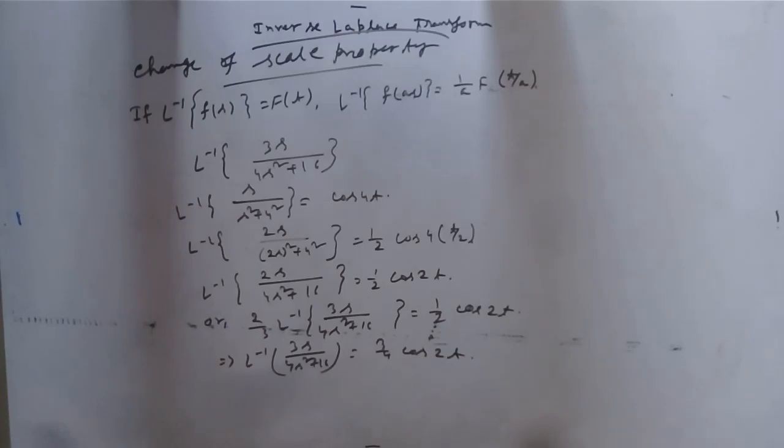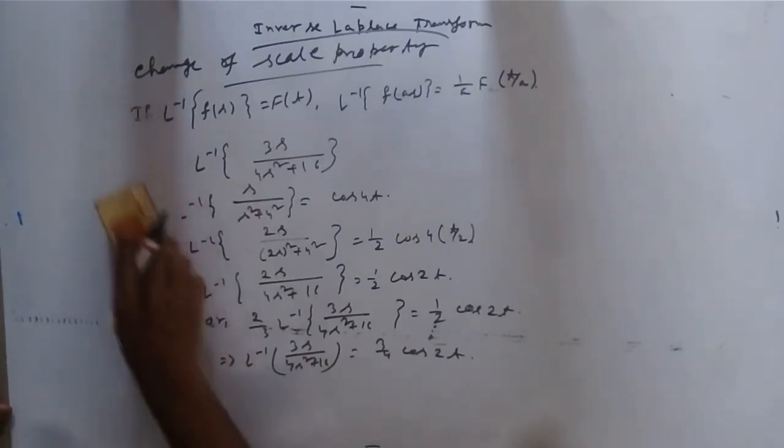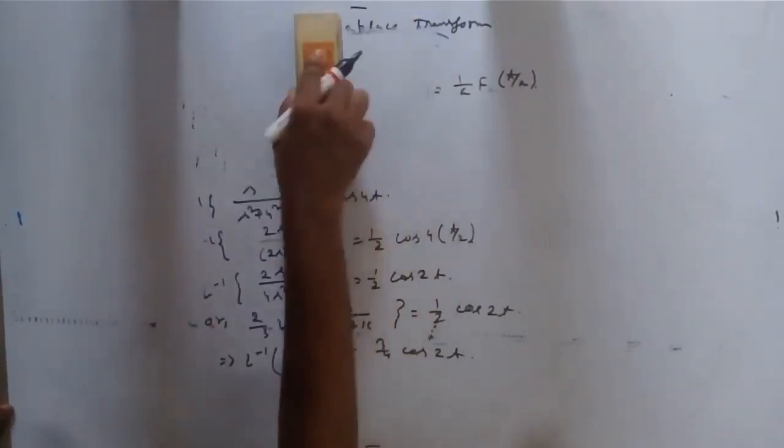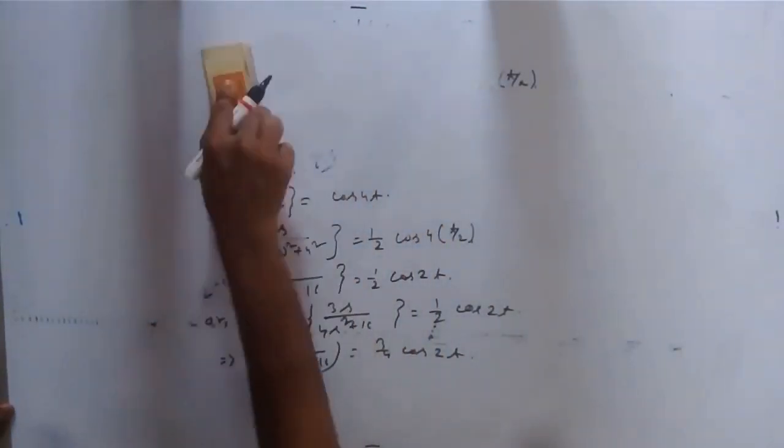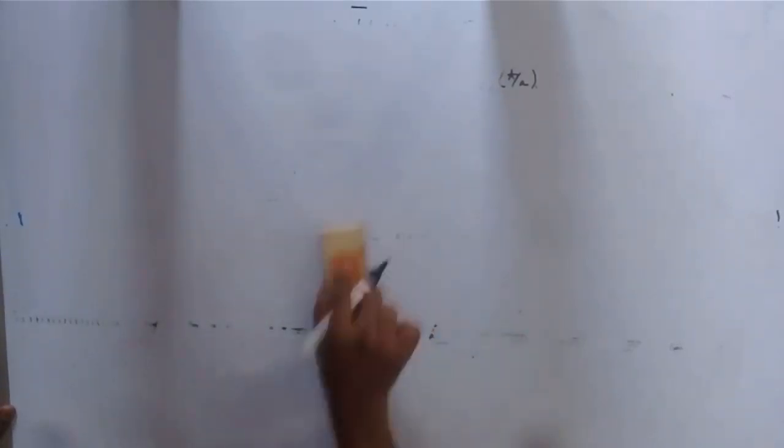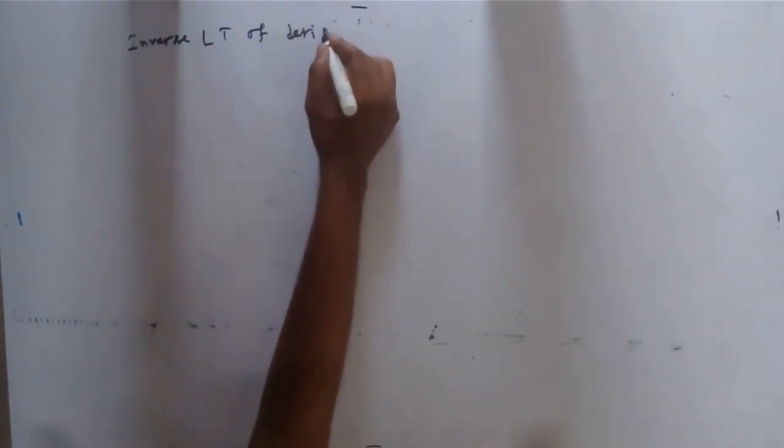So this was an example of change of scale property for inverse Laplace transform. Now I'll go to the next property, inverse Laplace transform of derivatives.